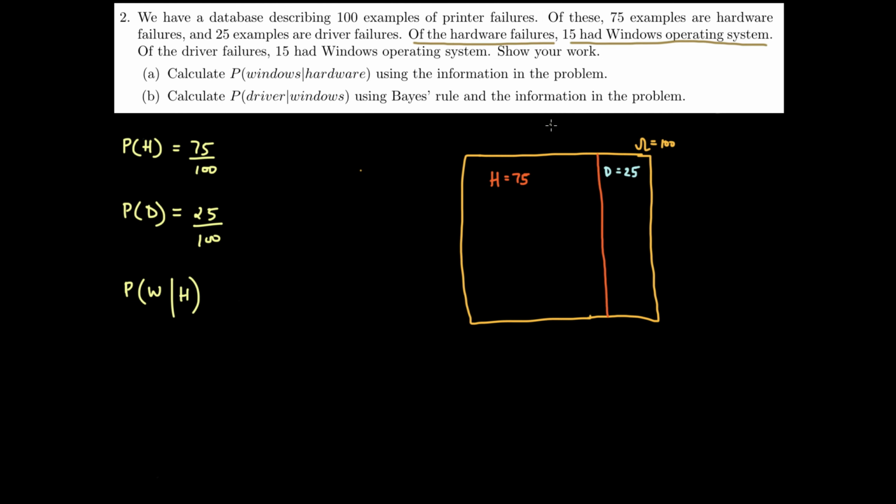My entire sample space has reduced from omega to H, and because of the reduction, the probability of W happening is 15 over 75. So within these 75 machines, 15 had a Windows operating system, and the probability of the Windows operating system given only on this D here is going to be equal to 15 over 25.